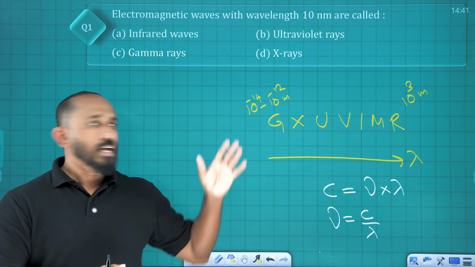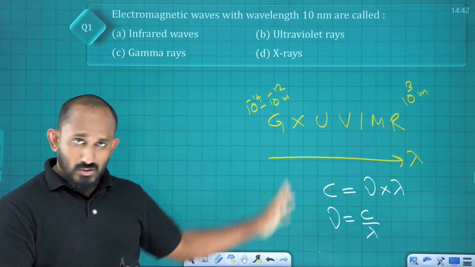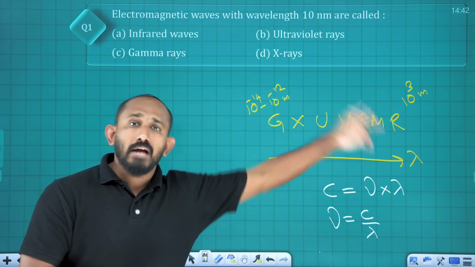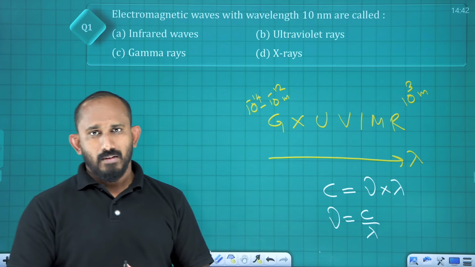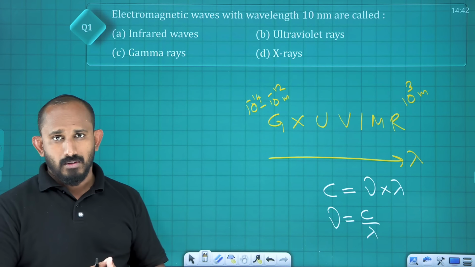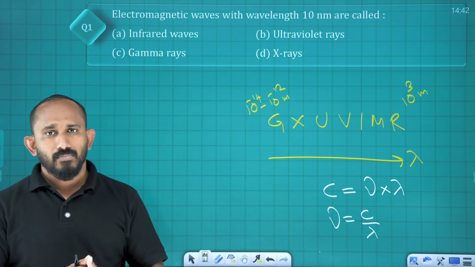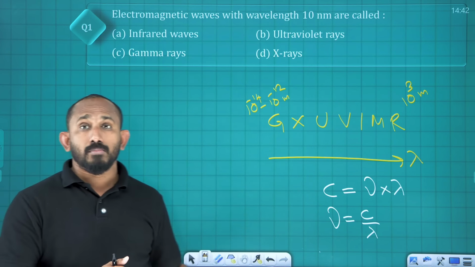So here G, X, U, V, I, M, R: gamma rays, X-rays, ultraviolet, visible light, infrared, microwave and radio wave. This is the ascending order of their wavelength. Gamma has 10 raised to minus 14 to 10 raised to minus 12 meters. Then X-rays have 10 raised to minus 8 meters. Then ultraviolet goes till 400 into 10 raised to minus 7 meters.